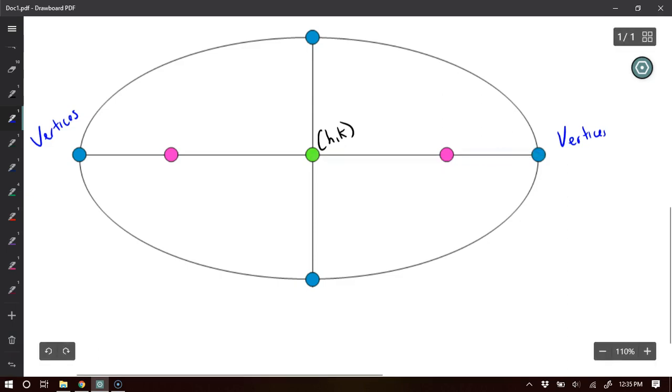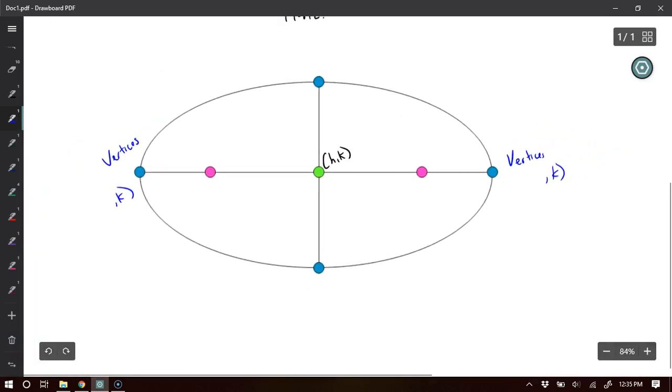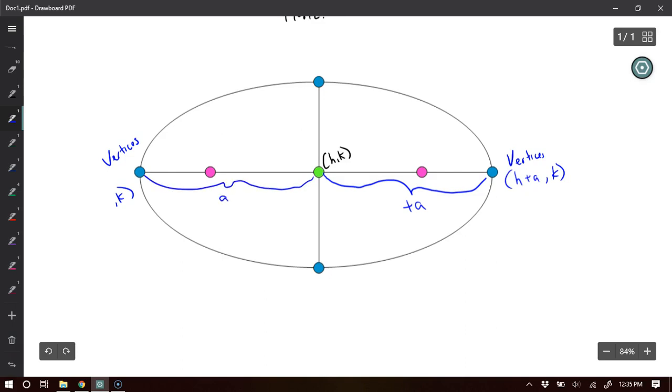So my K value stays the same for both of these. The difference is I am moving to the right A units. That's why this formula is H plus A. I'm moving to the left A units. That's why this is H minus A.